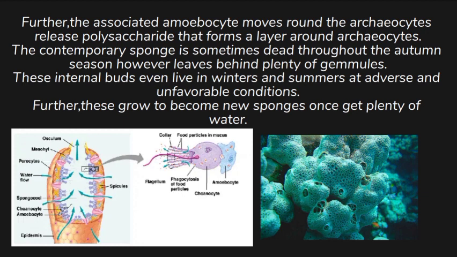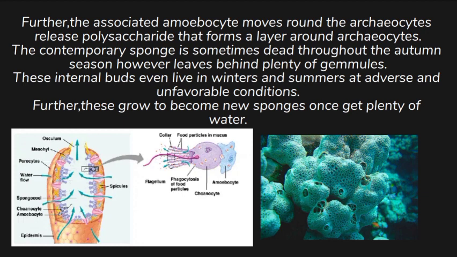The sponge sometimes dies during autumn, or these sponges are not able to live in unfavorable conditions, but these gemmules are capable of living in unfavorable conditions, and these internal buds even live through winters and summers. Further, they grow to become new sponges once they get plenty of water.